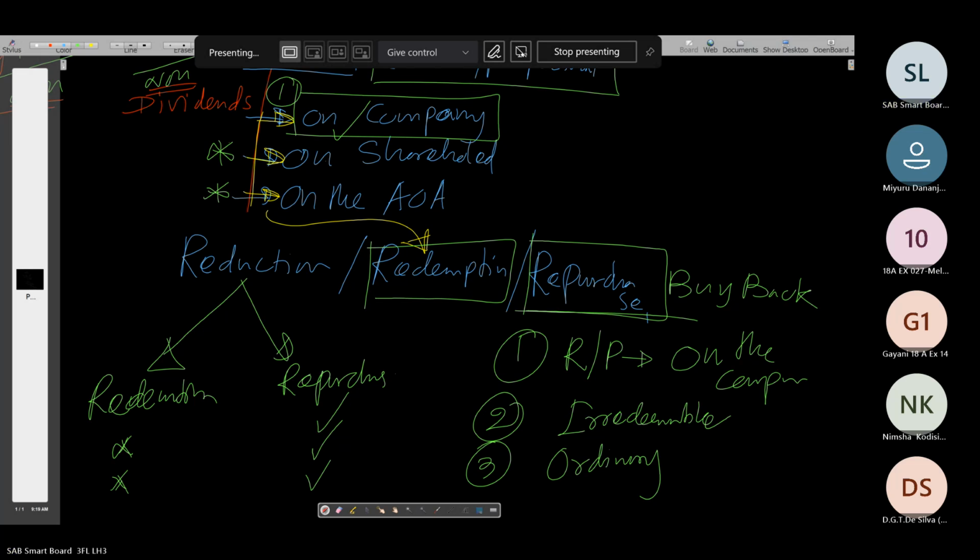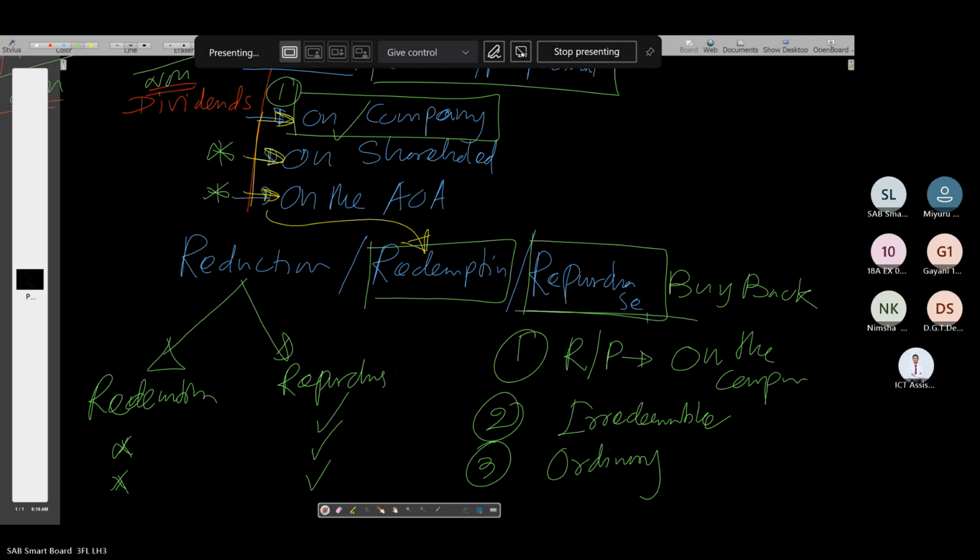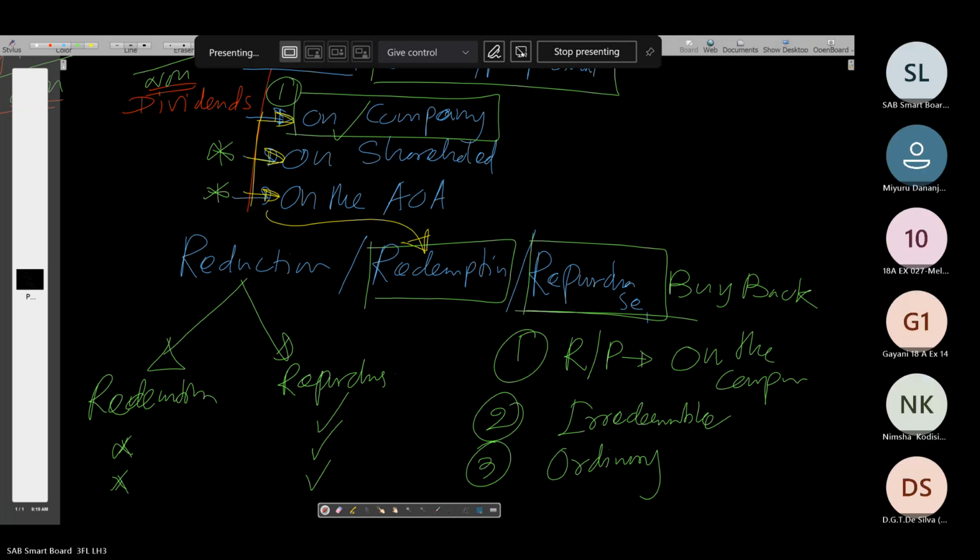That is our concept. For the redemption, we can consider these two, repurchase, and ordinary shares and irredeemable shares.